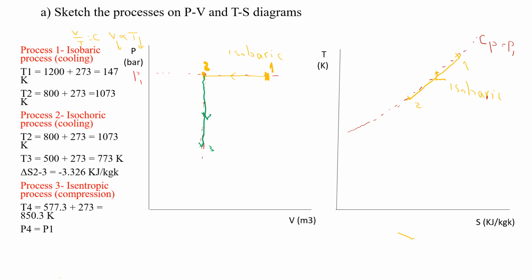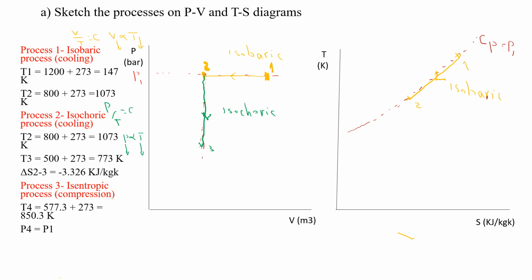This is the direction of the path, isochoric. It is downward on the constant volume line because the law of the isochoric process is P/T equal to constant. That means P is proportional to T. So as T decreases, pressure is going to decrease. So this is the isochoric process.